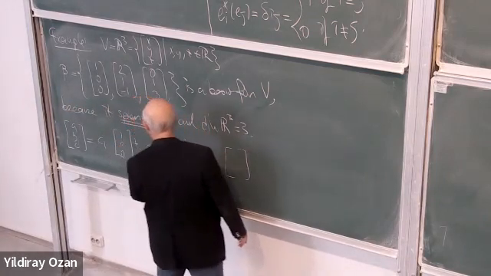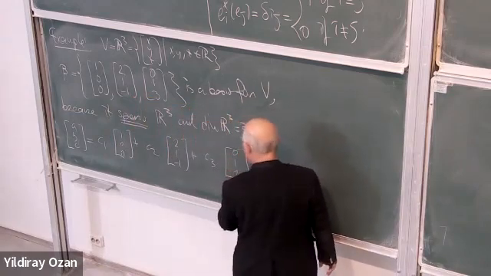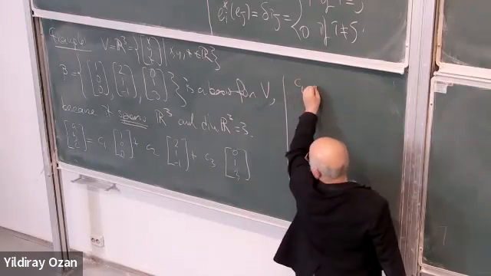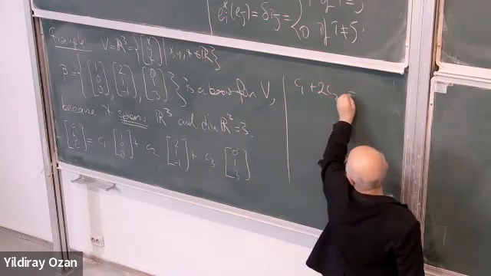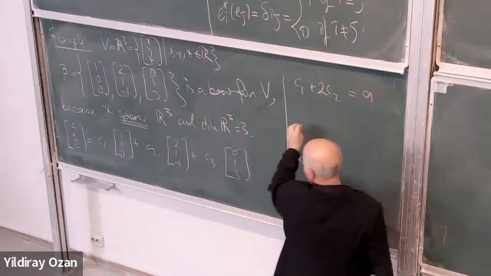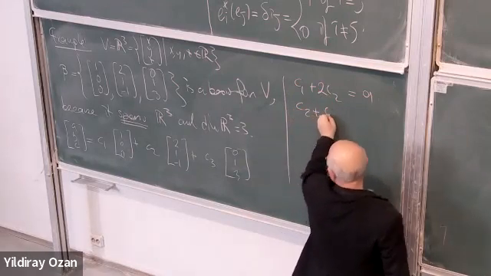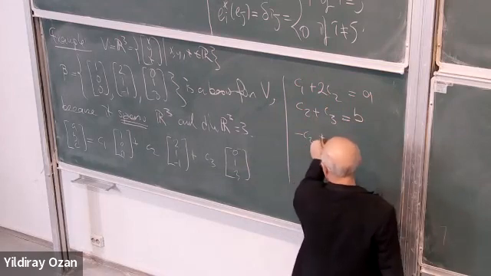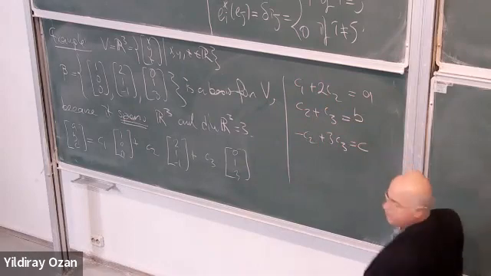Times the vectors 1, 0, 0, 2, 1, 1, 0, 1, 3. And then we have C1 plus 2C2 is equal to A, right? And C2 plus C3 is equal to B, minus C2 plus 3C3 is equal to C, right?